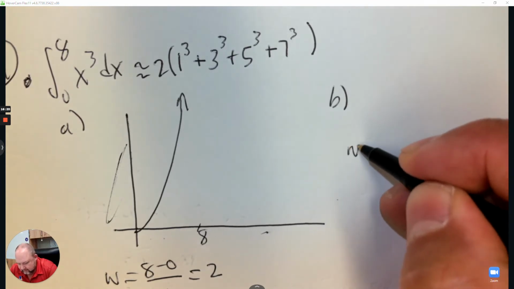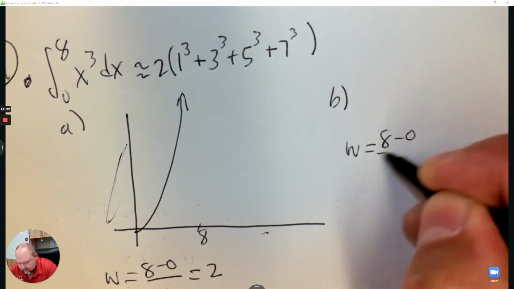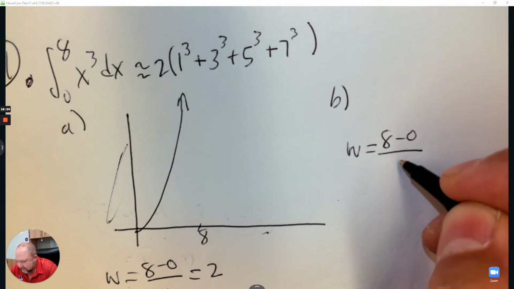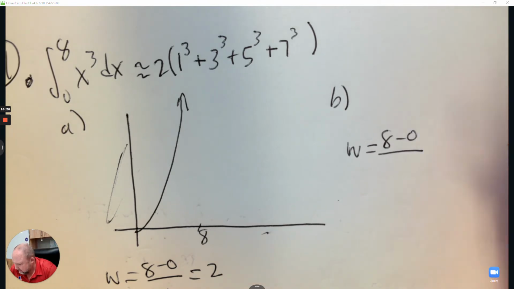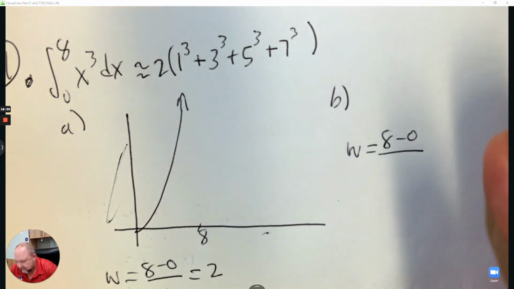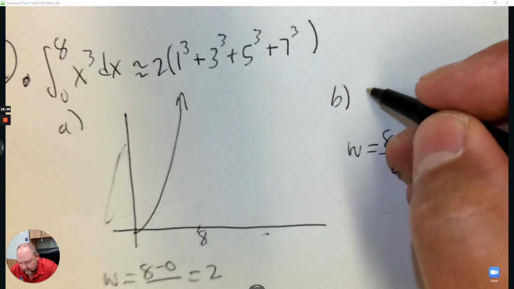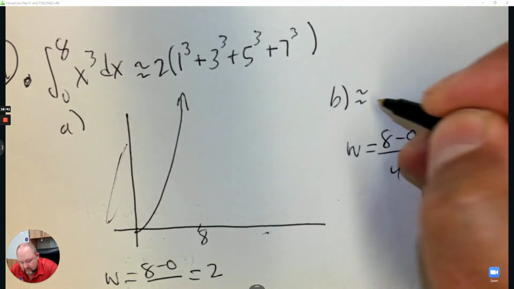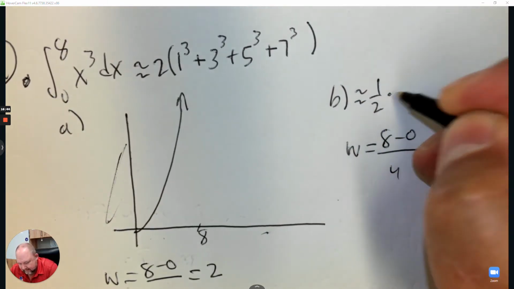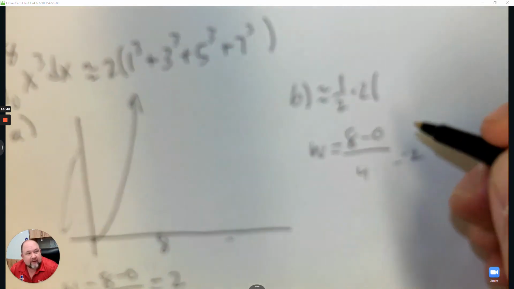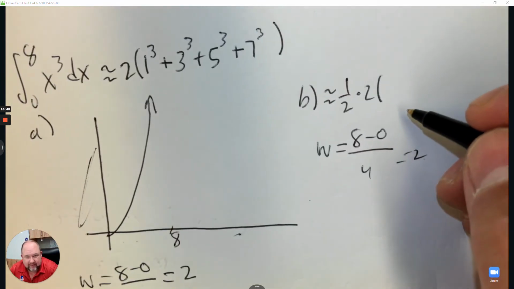B, using the same thing, a trapezoidal with 3. So the width, again, the top subtract the bottom divided by... oh, same one, sorry. In 11, you have to do both the rectangles and the trapezoid. So the width is the same. For a trapezoidal rule, it's 1/2 times the width, and then each height within the intervals.